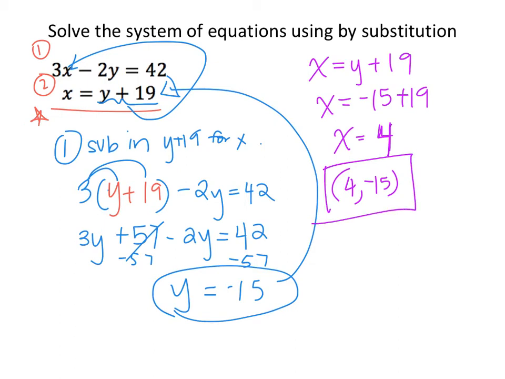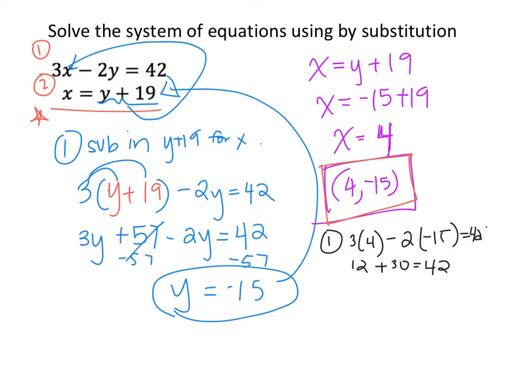Again, I'll be plugging this into each of the originals just to make sure that it is my actual solution. Plugging it into the first equation, 3x minus 2y, so 3 times 4 minus 2 times negative 15 is equal to 42. 3 times 4 is 12. Negative 2 times negative 15 is 30. 12 plus 30 equals 42.